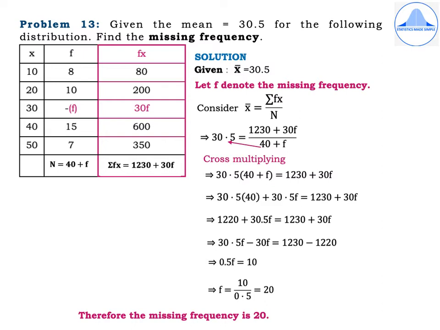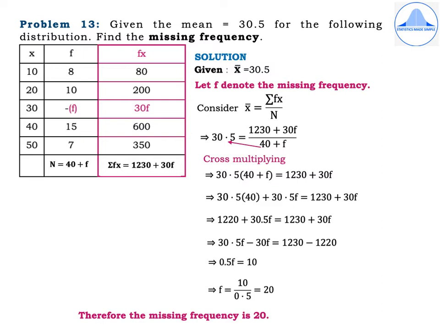Substituting in the arithmetic mean formula, you will get 30.5 is equal to 1230 plus 30f divided by 40 plus f. Cross multiplying, you will get 30.5 into 40 plus f is equal to 1230 plus 30f.